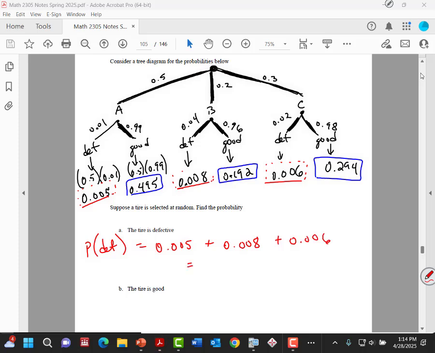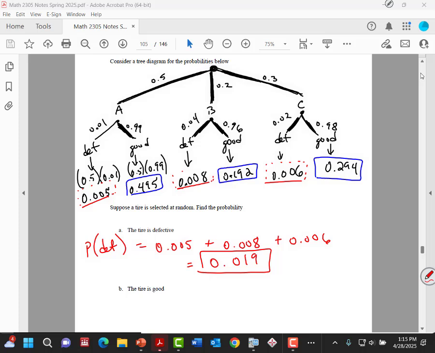And if I add these together, I get 0.019. Now, this number right here shouldn't come as a shocker. Okay? What number was this? This was the denominator in the previous part of the problem. This was the probability that the tire was defective.